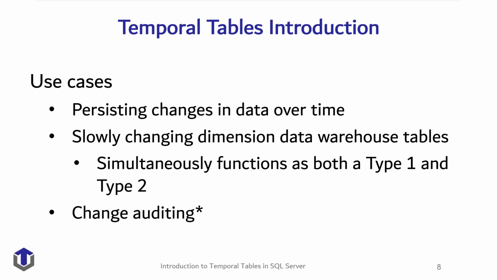If you allow whatever time the ETL runs, for example, to dictate when the old row is no longer in effect and the new row replaces it, then that's okay. But if you need to use some sort of application time, where the application itself that you're getting the data from needs to specify when the old record expired and the new record took its place, temporal tables probably wouldn't be a good solution for that type of slowly changing dimension.